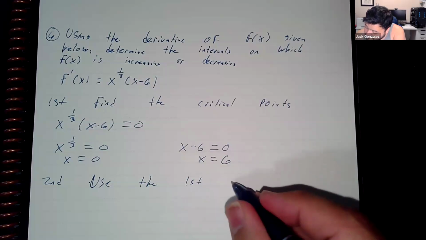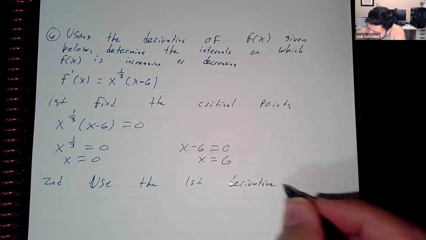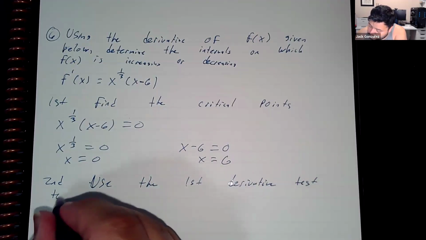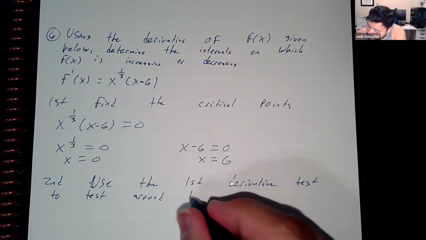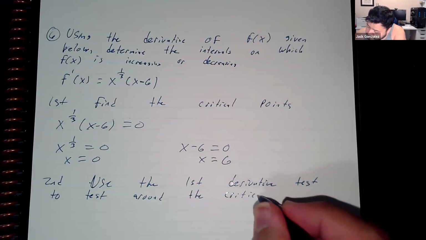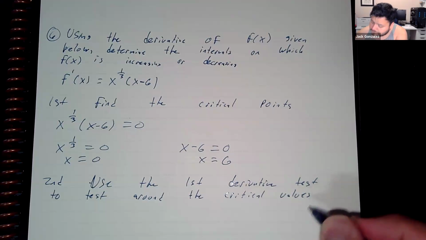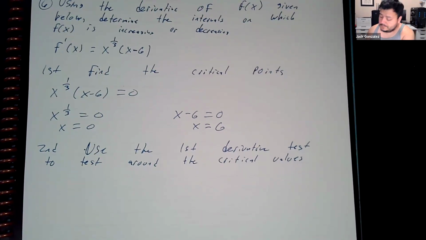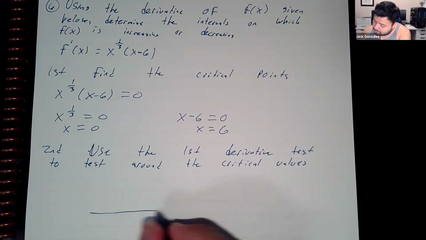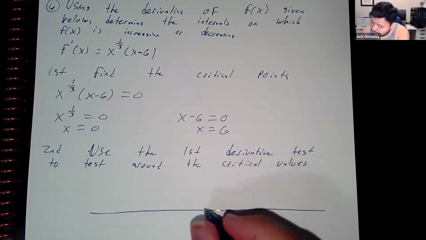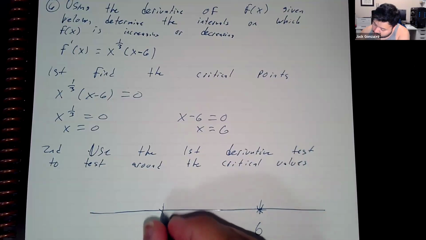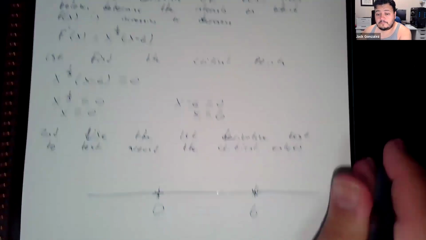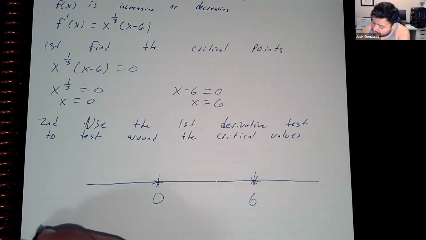That's what we're supposed to do, to test around the critical values. Let's pick -1, I guess. Doesn't really matter.